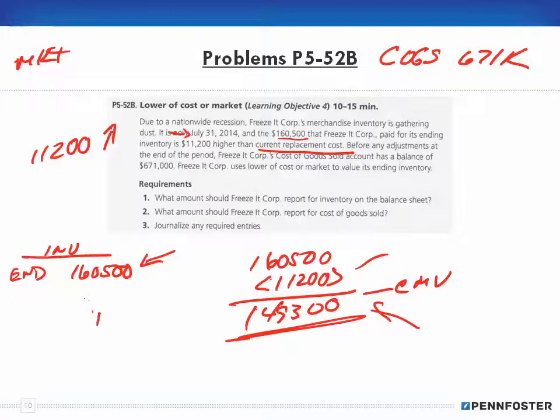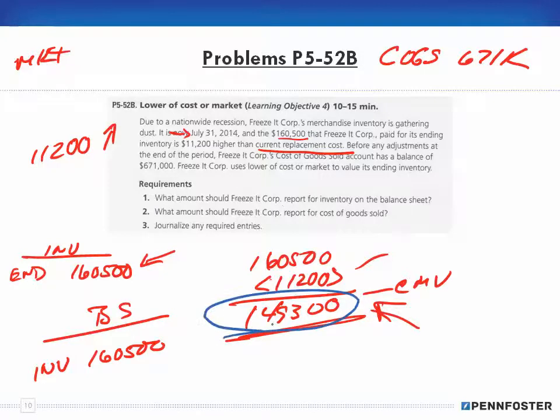Well, remember, on the balance sheet, we have inventory at the actual amount of 160,500, that is greater than what our market will bear. Our market says it should be 149,300. So the amount that we should have on our balance sheet should be this $149,300, because of the lower of cost or market.